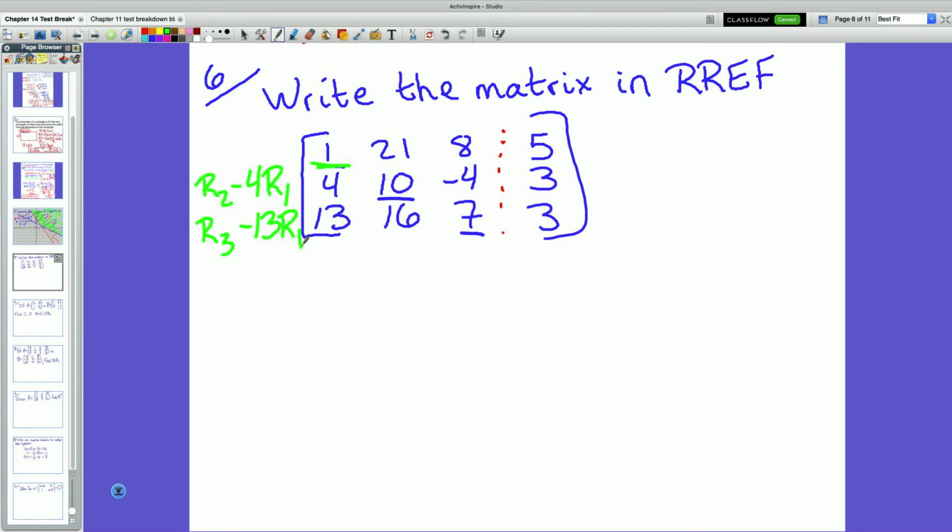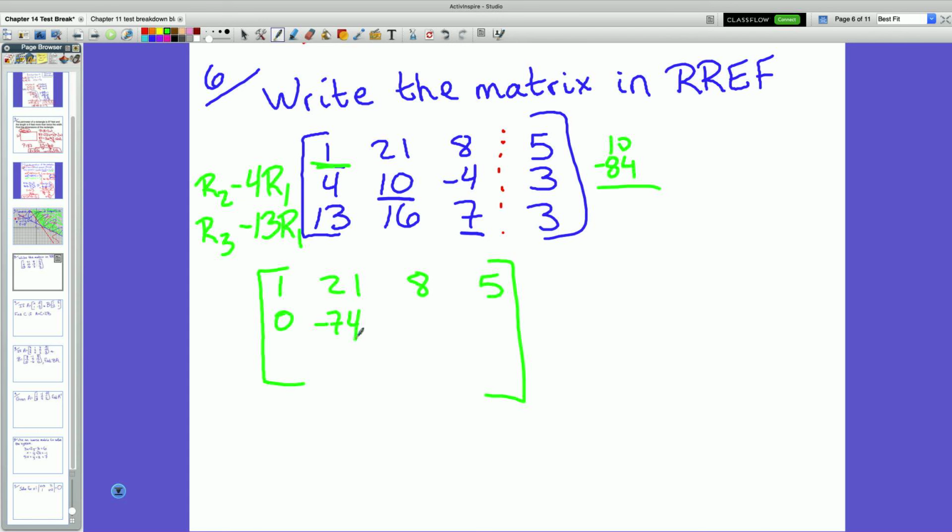We got this. All right, so then I'm writing this down here. So row 1 is not changing: 1, 21, 8, and 5. And then my second row, 4 minus 4 is 0. 10 minus 4 times 21, which would be 84, so that would be negative 74.